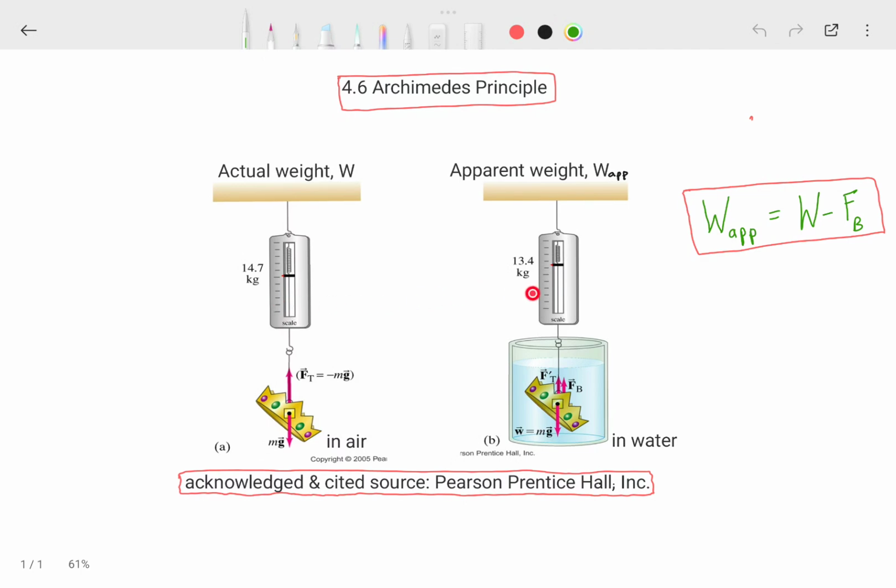However, when we put the same object in the water, the weight value changes from 14.7 kilogram to 13.4 kilogram. So there is a different value. This situation can be represented by this equation: apparent weight equals weight minus the buoyant force, as I explained in the previous slide.